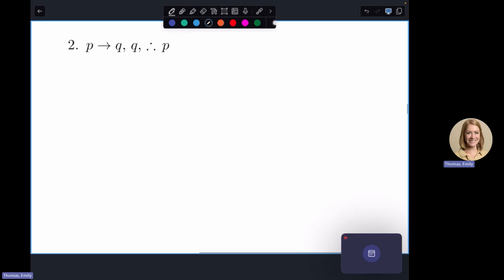Okay, this one, we have P implies Q, also Q, all of that implies P. So the logical statement here of the argument, this is P implies Q, that's premise 1.